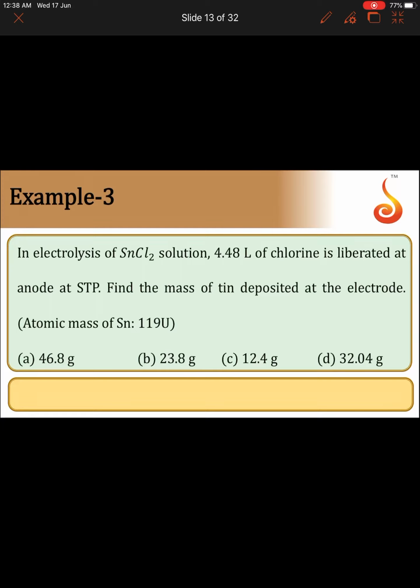So first of all, before taking the formula, I'll calculate the equivalent weight of Sn and the equivalent volume of chlorine. First, the equivalent weight of Sn, tin, is equal to atomic weight by valency.